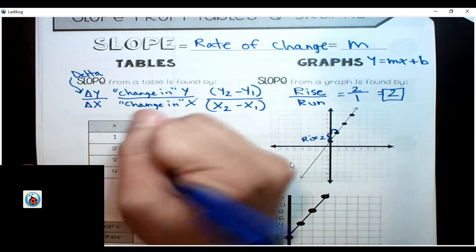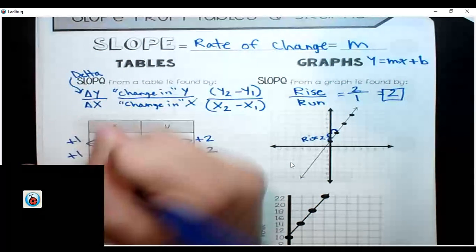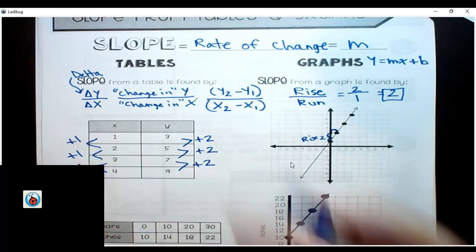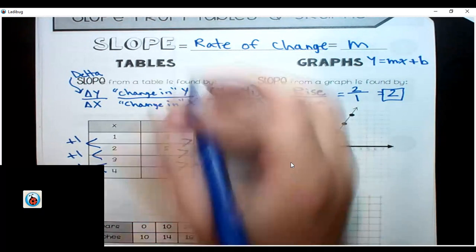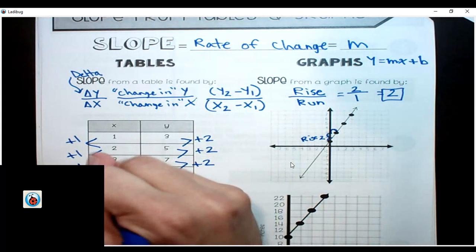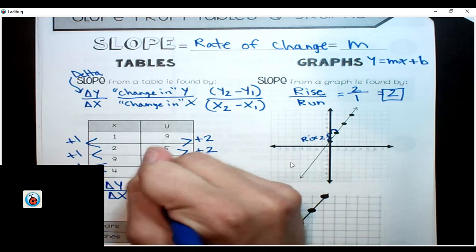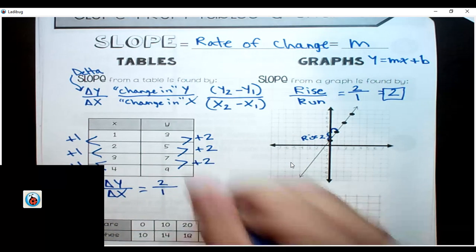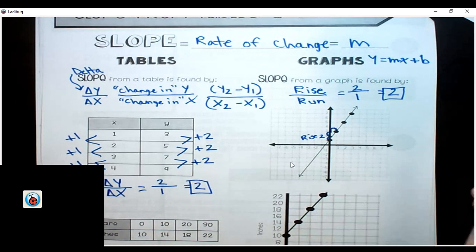So 1 to 2, you are adding 1. 2 to 3, adding 1. 3 to 4, adding 1. So the change in y is positive 2, and we can fill that in: delta y over delta x is equal to positive 2 over 1, which is also equal to a slope of 2. So the slope in this case would be 2.